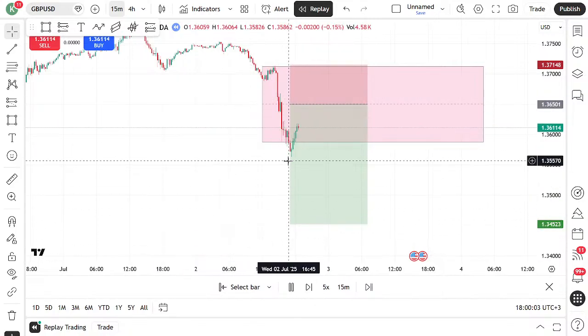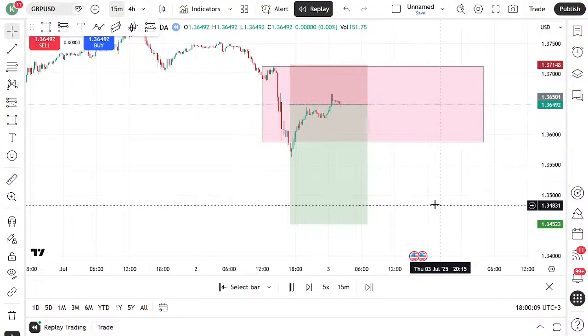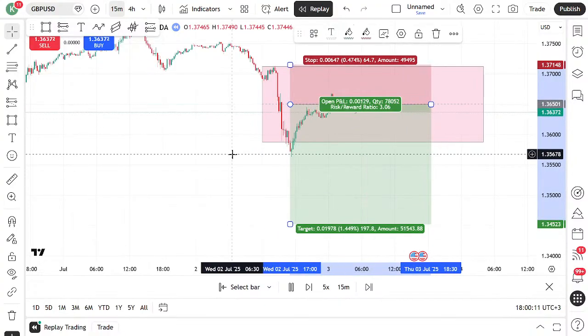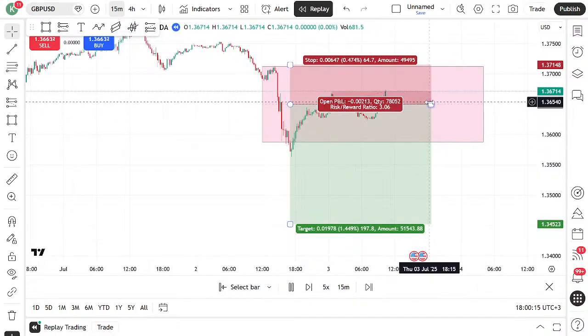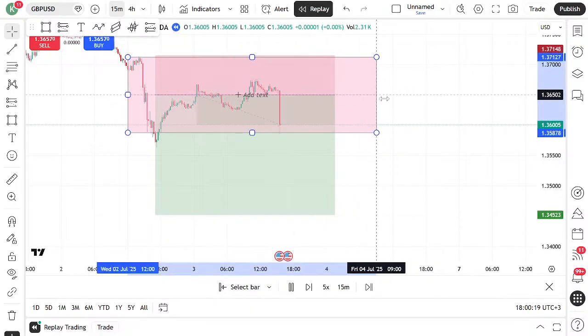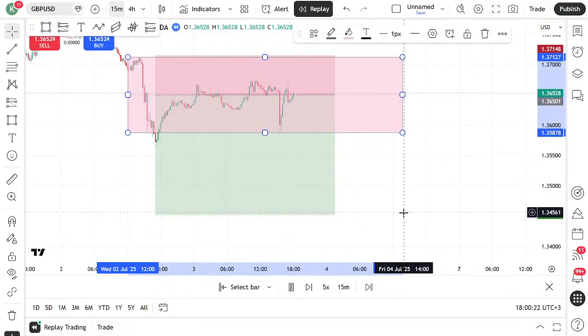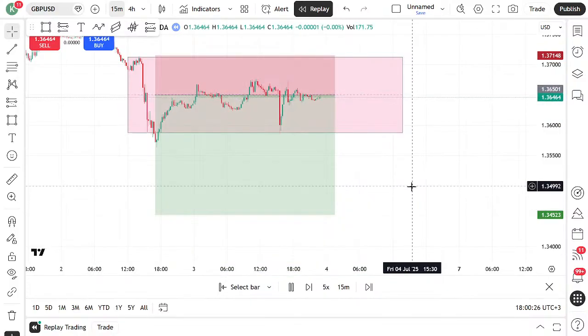So in this kind of setup, you'd probably put a sell limit here. Okay, so we are triggered. Let's see how the trade plays out. So it was triggered at around Thursday. And what I usually say for my trades, it's either stop loss or take profit. No closing the trades in between.